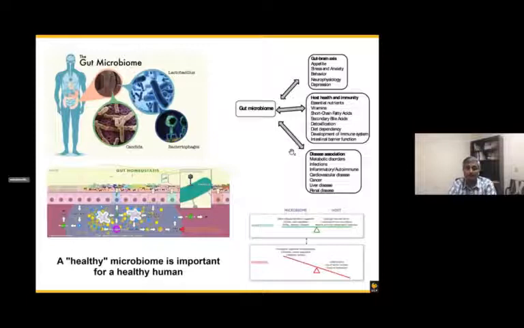It's been associated with many different diseases. For example, it's been observed that the gut microbiome composition in individuals with metabolic disorders like diabetes, or with disorders like IBD, is quite different when compared to the gut microbiome composition of healthy individuals.